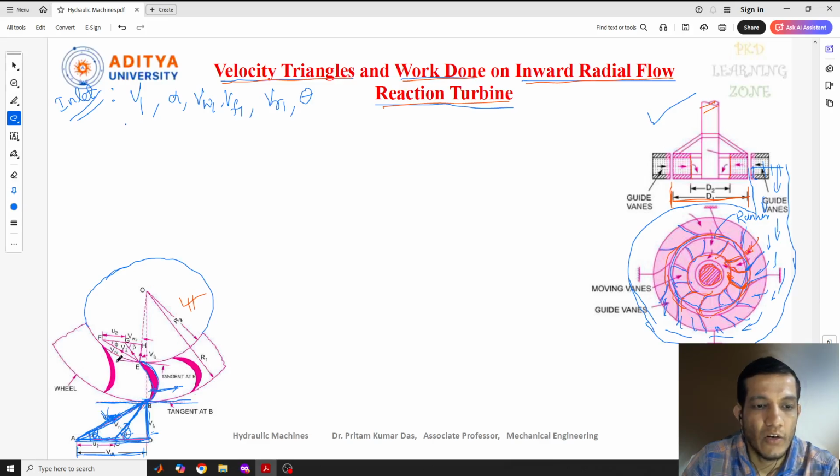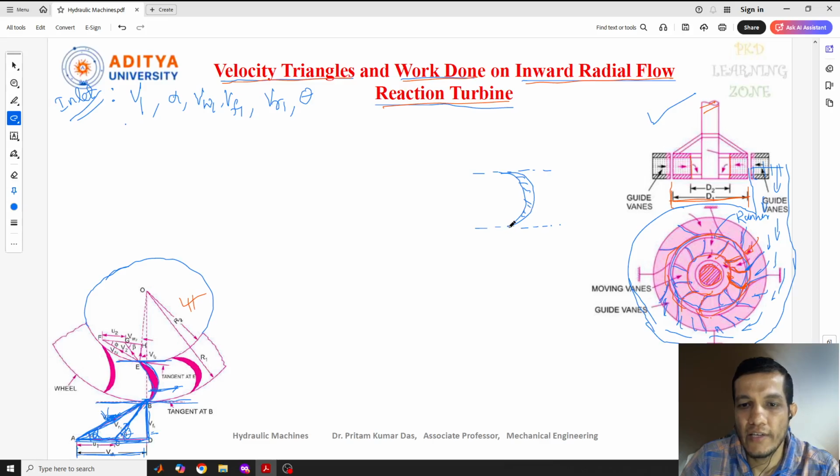Similarly, we can draw another tangent at the outlet condition, and the velocity will become the reverse way. If I take a blade here, this is the tangent of this one.